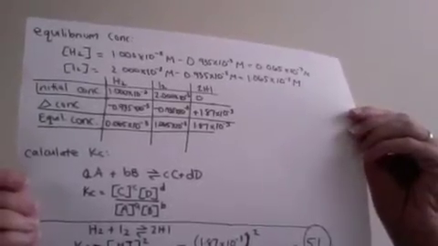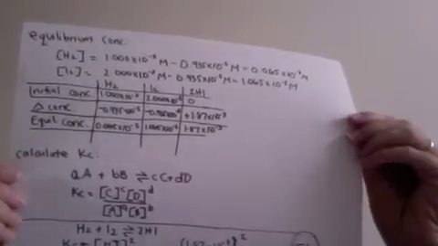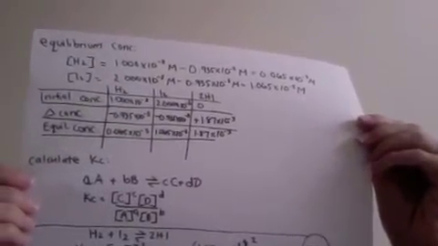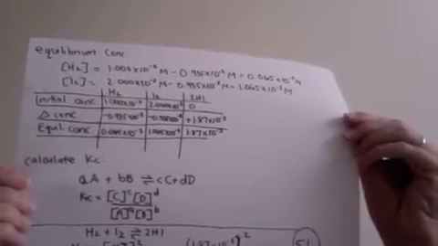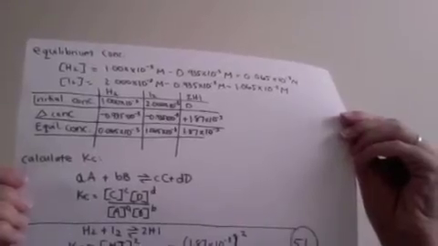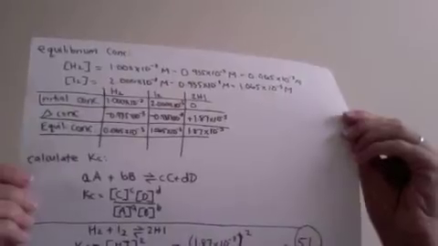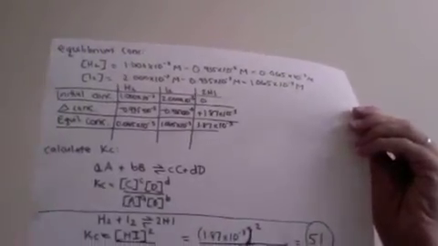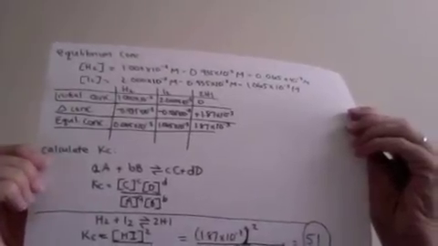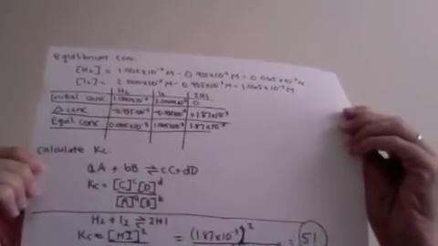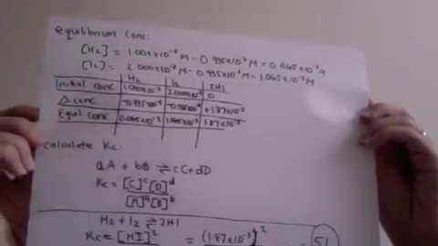So we get that our equilibrium concentration for H2 is 0.065 times 10 to the negative 3 molar. We can do the exact same thing for I2. We started at 2 times 10 to the negative 3 molar, and we're subtracting out what is consumed in the reaction, that change in I2, which is 0.935 times 10 to the negative 3 molar. So our equilibrium concentration of I2 is 1.065 times 10 to the negative 3 molar.